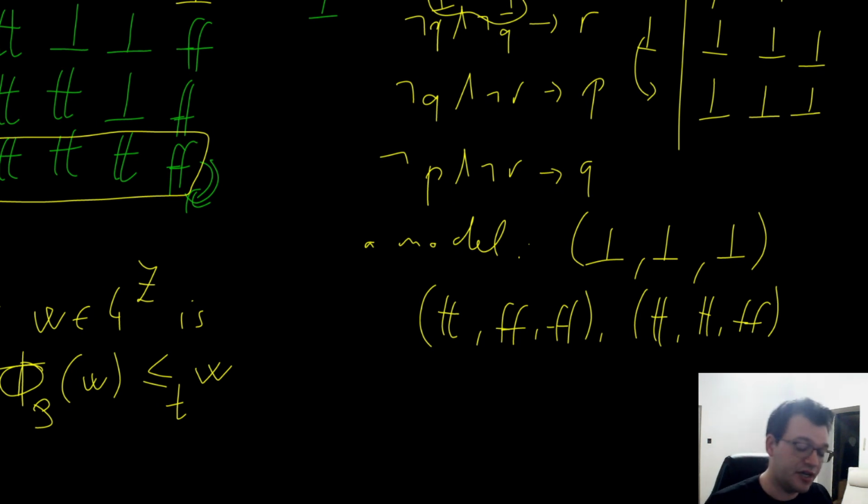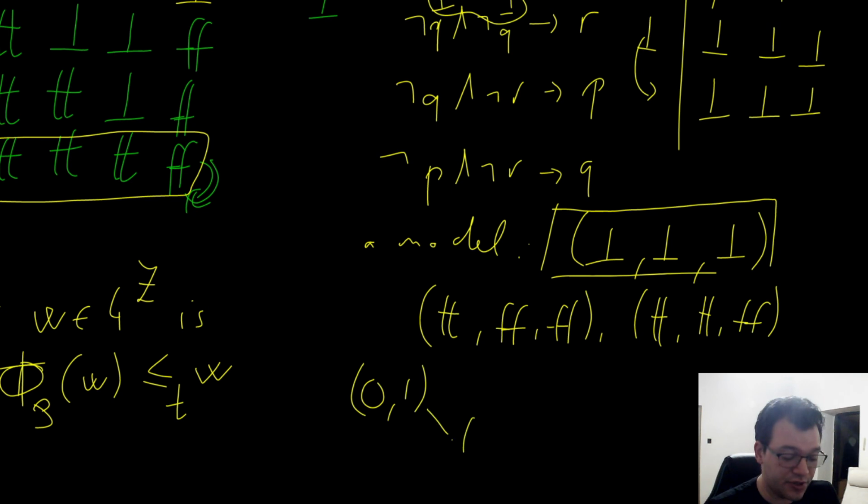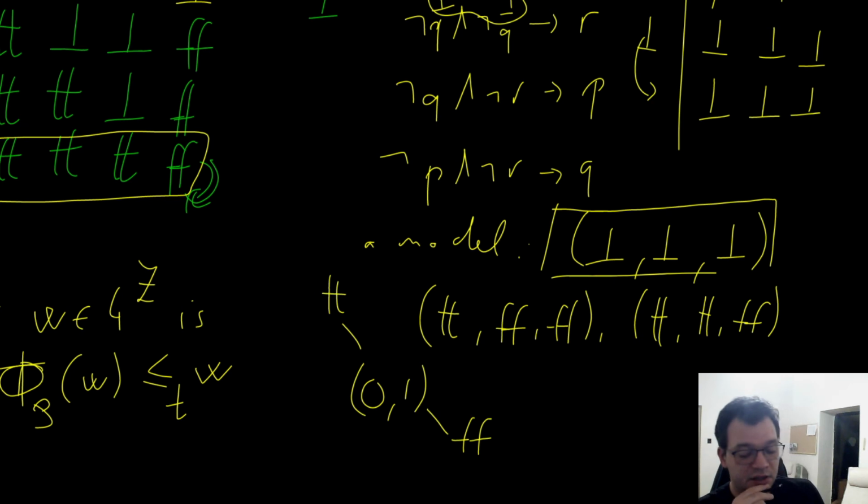problem, but this unknown is also one of those minimal models according to the truth ordering, because if you use at least one classical variable, then this 0, 1 is more true than the false value and less true than the true value, but you cannot use three false values.